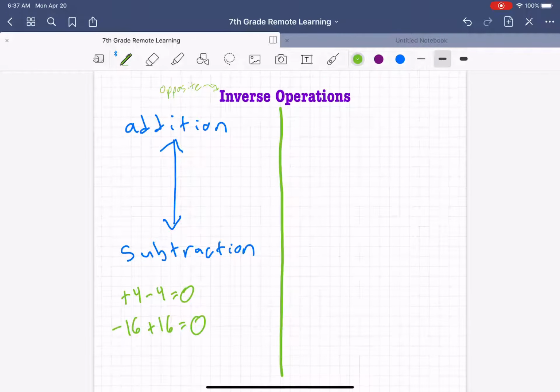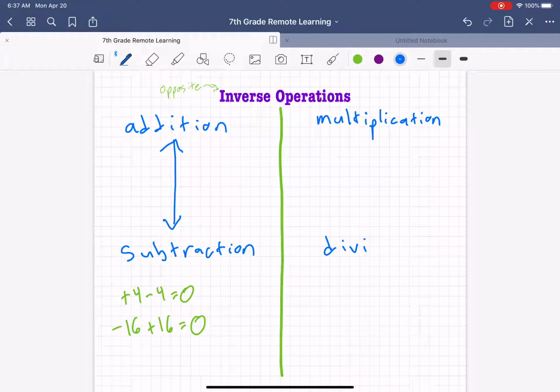Okay, and then my other set of inverse operations that we use most often, as I'm sure you could probably guess if you needed to, are multiplication and division. Multiplication and division are each other's inverse operations because they undo each other.